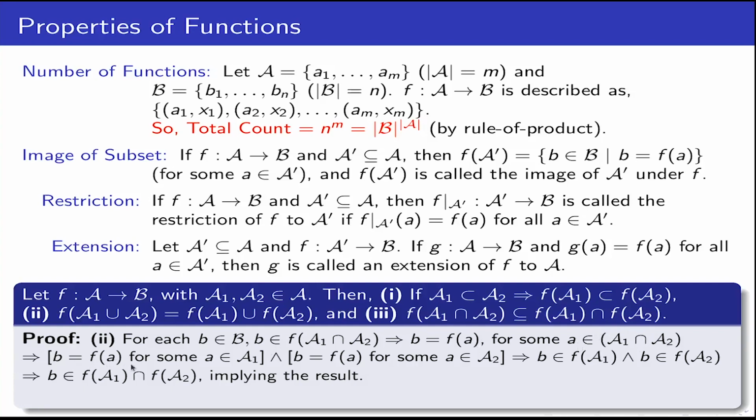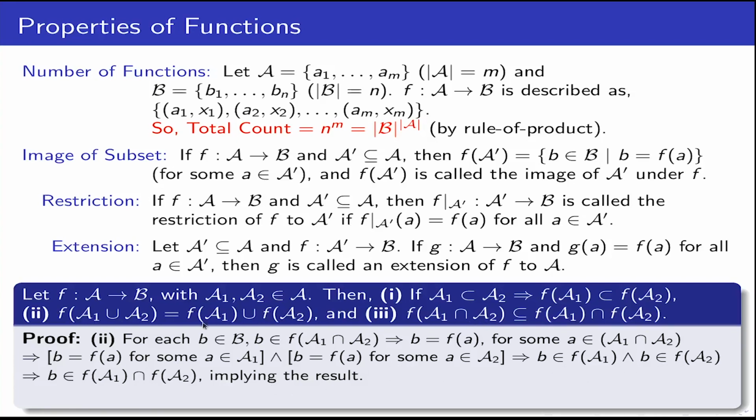So we get B equals f(a) for some a belonging to A1 and B equals f(a) for some a belonging to A2. If we combine these together as per set theory, it becomes some B which belongs to f(A1) intersection f(A2). Remember, f(A1) is the image of A1, it's a set, and f(A2) is a set. So this intersection is basically this formula, which implies the result.